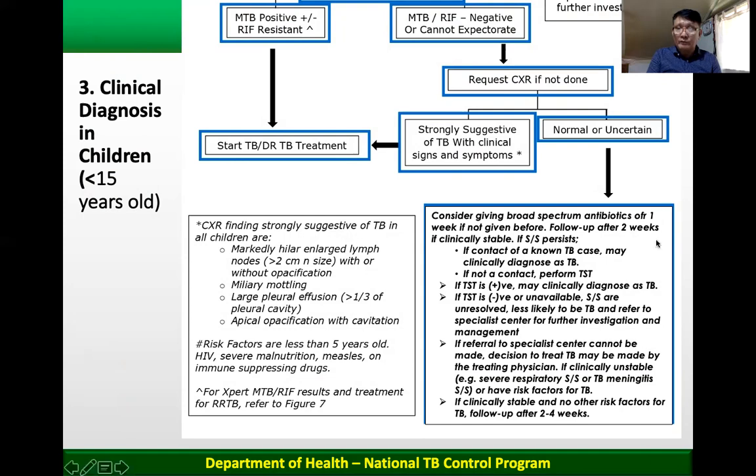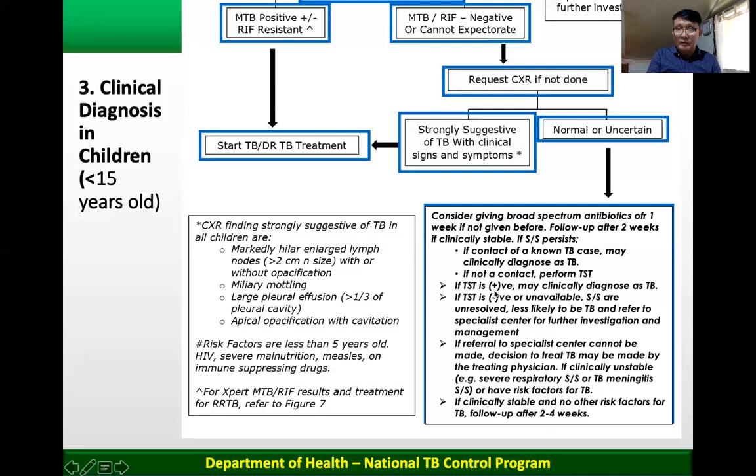you perform TST. Now, if TST is positive, you may clinically diagnose as TB. Now, if TST is negative or unavailable, but the signs and symptoms are unresolved, that means the signs and symptoms persist, it is less likely to be TB, and the child is referred to a specialist center for further investigation and management.